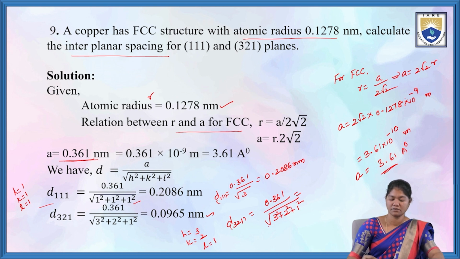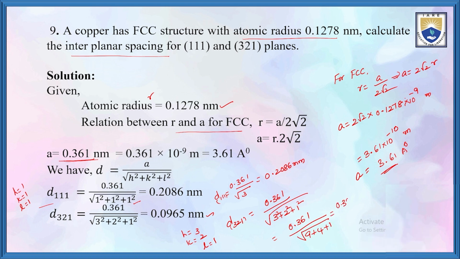So 0.361 divided by root of 9 plus 4 plus 1, which is 0.361 divided by root of 14. So it equals 0.0965 nanometers. This is the interplanar spacing for the plane D321.